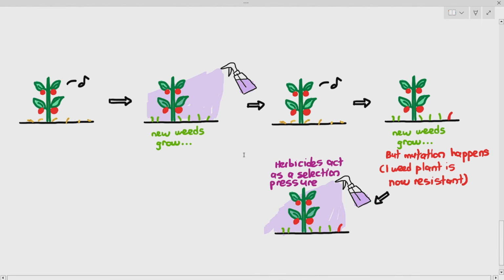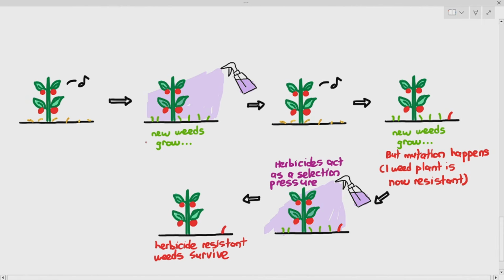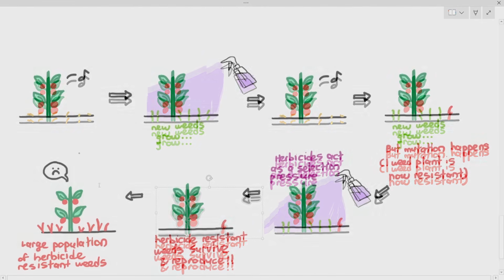Due to the herbicides, that one lone weed right there survives as well because it is resistant to the herbicide. So the herbicide-resistant weed plant will survive, and when they survive, what happens during natural selection? They will reproduce. So the future population of weeds in your farm are now all herbicide-resistant.